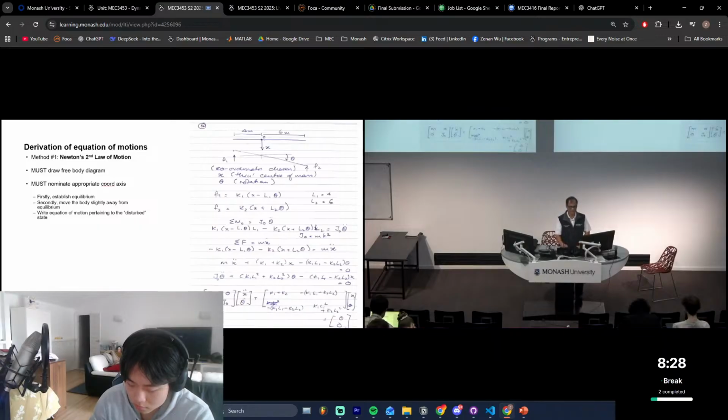Here you go. Look, this is how you, okay, now this here, I derive the equation of motion using Newton's second law.